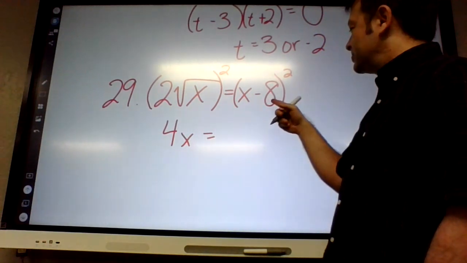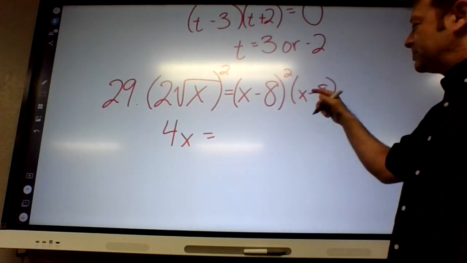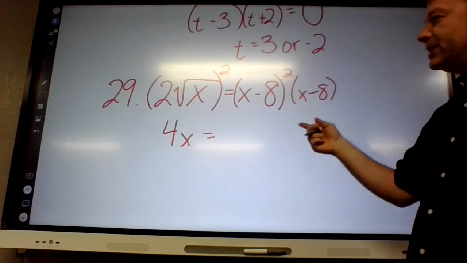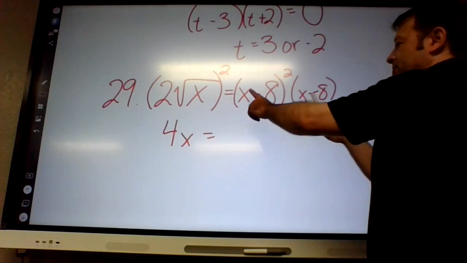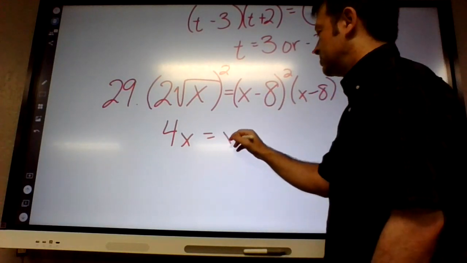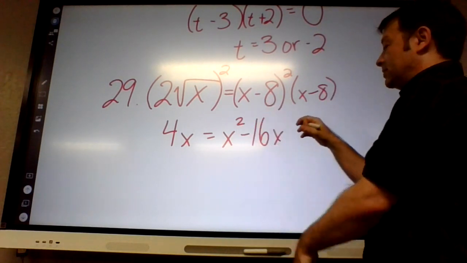The right side is what? It's a FOIL problem. Now, we're not square rooting, we're squaring. We're doing the opposite. So it's x squared minus 8x minus 8x. -8 times -8.